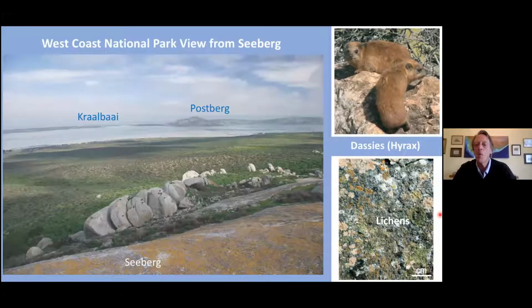And they're very important for starting the process of chemically weathering the rock into soil that then can support larger plants that are grazed on by dassies, the hyrax, for example, shown here. And lichens are a fungal-algal symbiont, and they're very prolific and very abundant, and it's absolutely essential in the growth of larger plants.